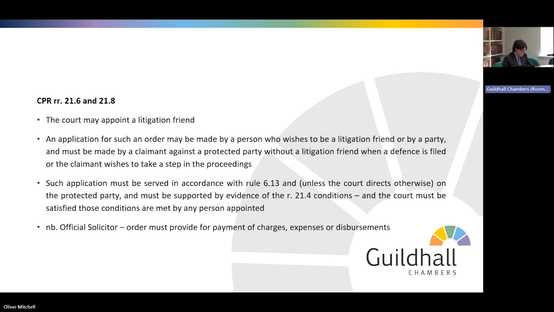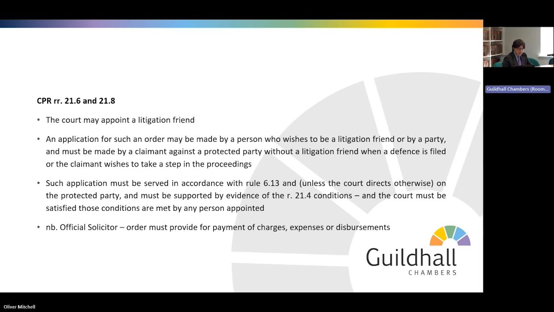Noting, as an aside again, that the court may appoint the person proposed in the application or any other person who satisfies those conditions. So it may be that the court doesn't wish to appoint the person proposed, but someone else meets the conditions and can be appointed.